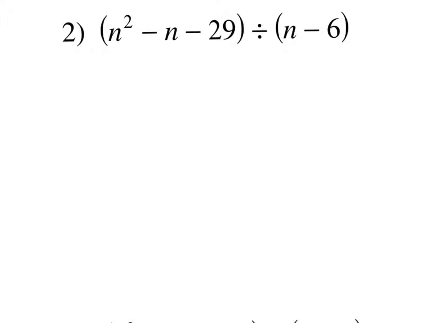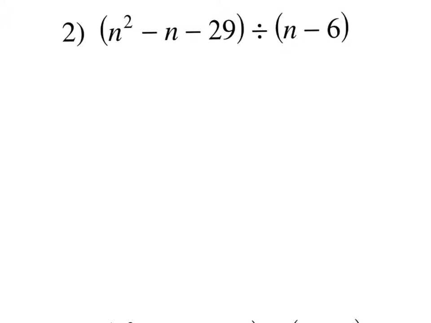What do I do with this n right here? Excellent. Next step, you multiply. You're going to take that n and always multiply it by this piece right here, n minus 6.